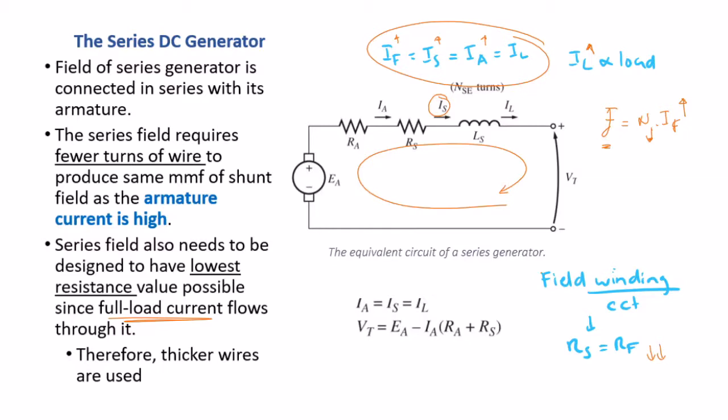So how do we achieve it? How do we make the resistance of this circuit low? We can do this by using thicker wires.